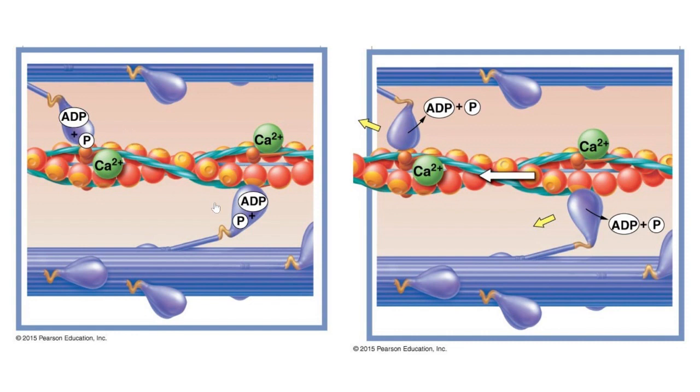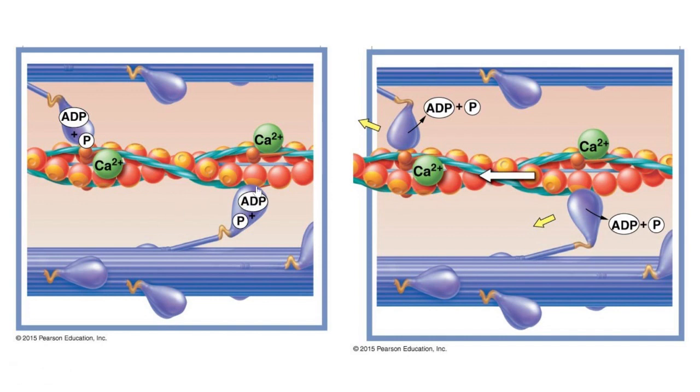So here in this image on the left, we see that these myosin heads have attached to these active sites, and they're ready to slide. As I mentioned earlier, these myosin heads are already energized.